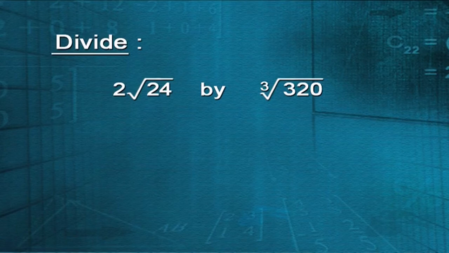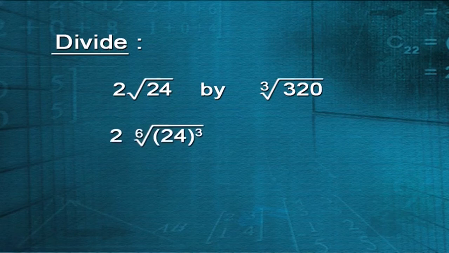So before we divide these two numbers, we will have to change their order. 2 root 24 can be written as 2 sixth root of 24 cube. Now observe what we have done in this example. We have multiplied the order of the surd, 2, by 3, and at the same time we have multiplied the power of the radicand by 3.